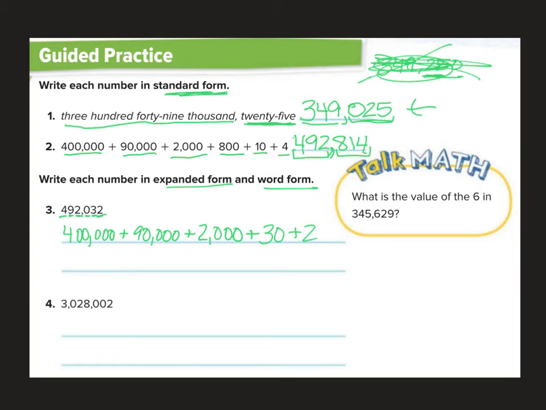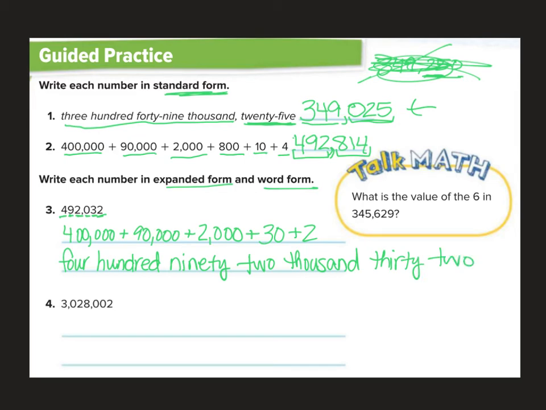How would I write this? 492,000 and then I have 32. 492,032. When there's a comma in the number, then they put a comma after it. So I have 492,000, comma, 32.